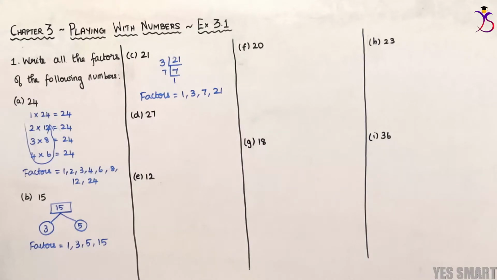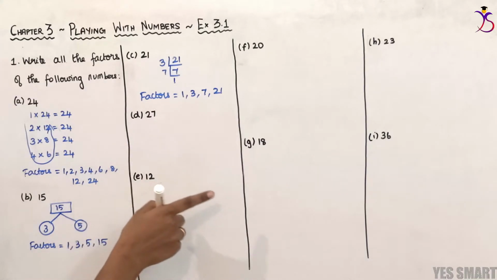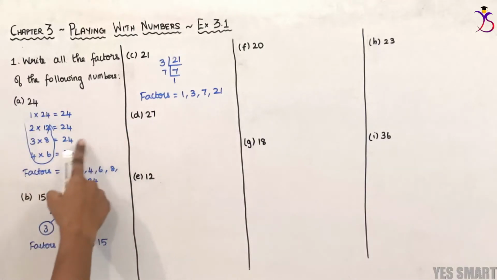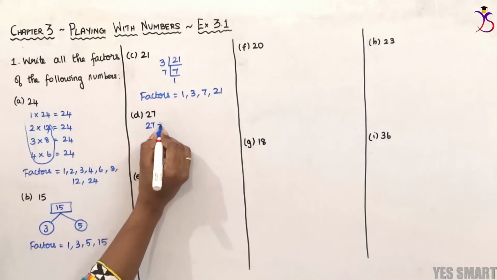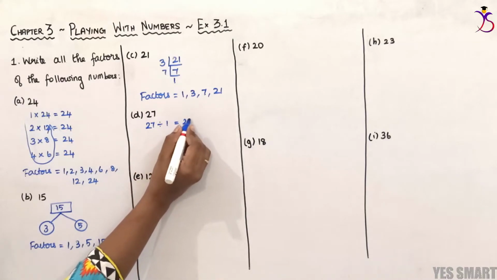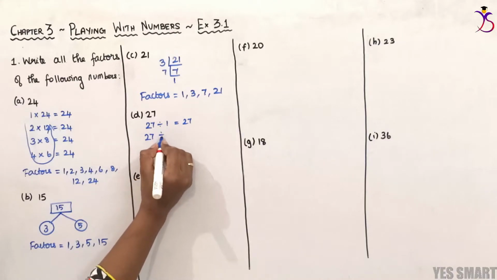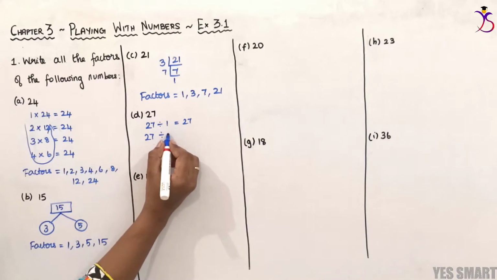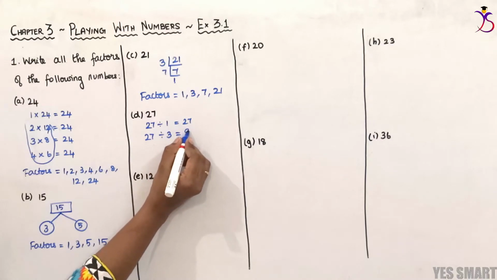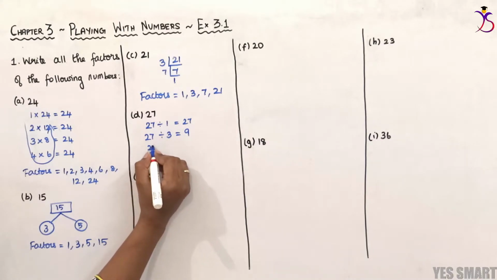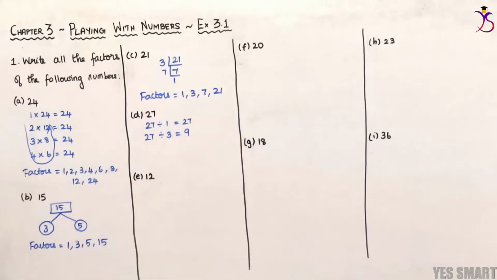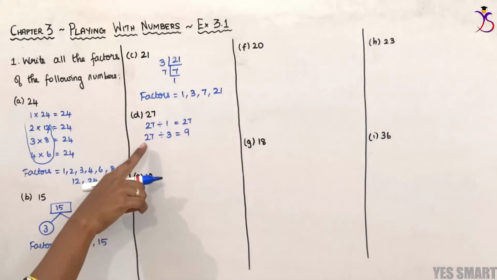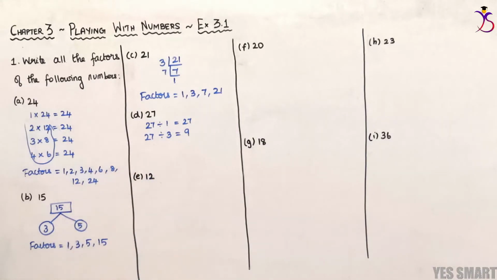Next we have 27. We will solve this by the division method, which is just similar to the multiplication method. 27 divided by 1 is 27. Next, 27 divided by the number after 1, which is 2. But 27 is not divisible by 2, so we can divide it by 3. So 27 divided by 3 is 9. Next, we cannot write 4 because 27 is not divisible by 4.